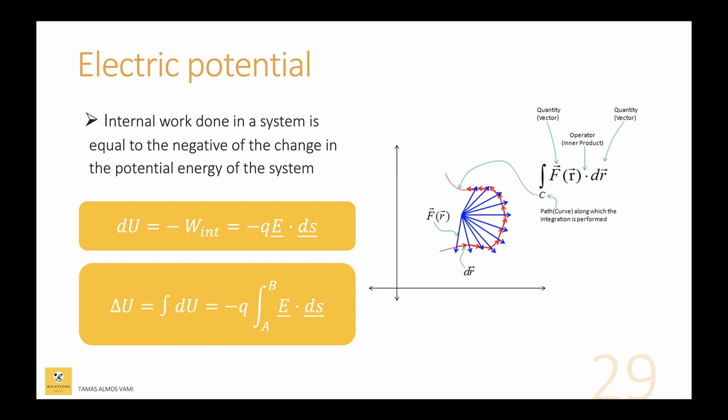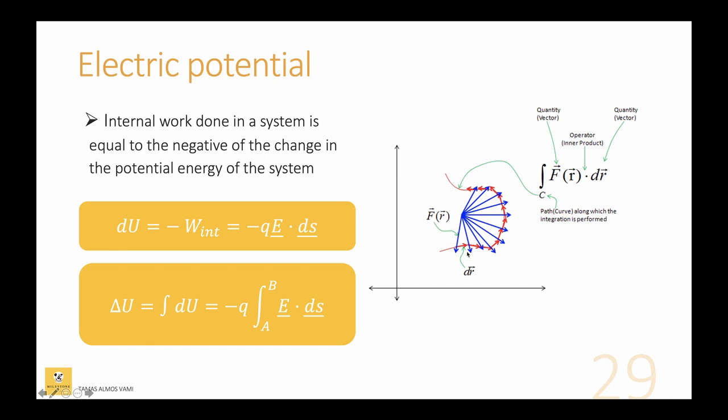And then let's say that we move along this red path from this point A to this point B. So what we do is that we take little pieces of this path, and those small paths are going to be the dr, which we call ds here.